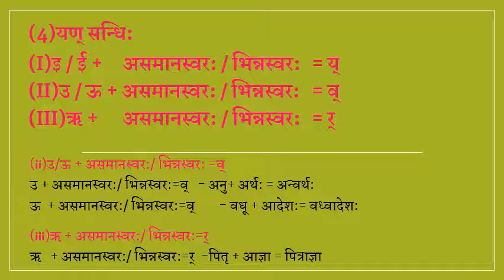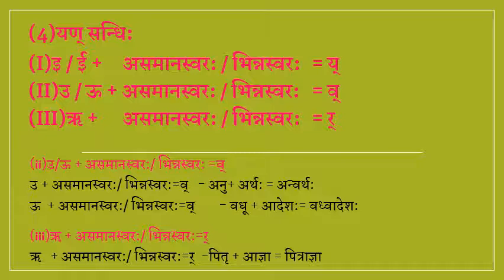Now the last combination: the word can end with r and the next word begins with a dissimilar vowel. Take pitru plus agnya. The word ends with r and the next word begins with a vowel other than r, here a.